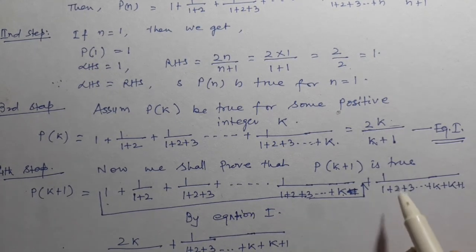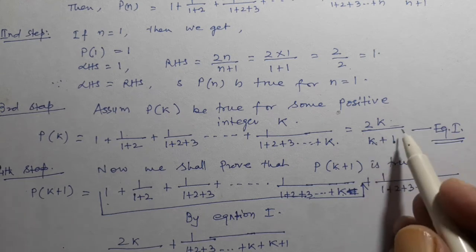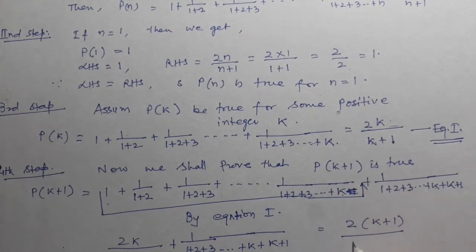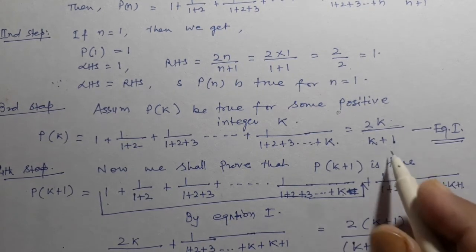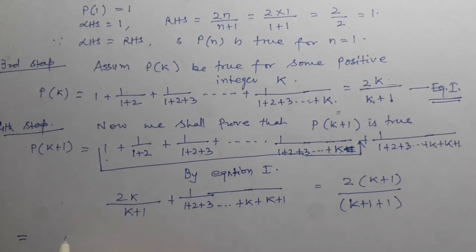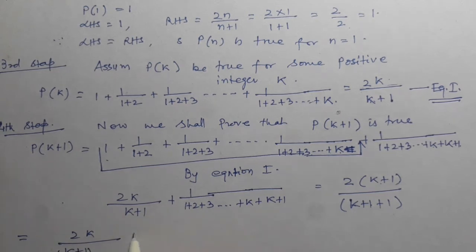And this will be equal to 2k by k plus 1, and for k we shall write k plus 1, and k is k plus 1 now and plus 1, right? So it will become 2k by k plus 1 plus, for this how we shall calculate this.